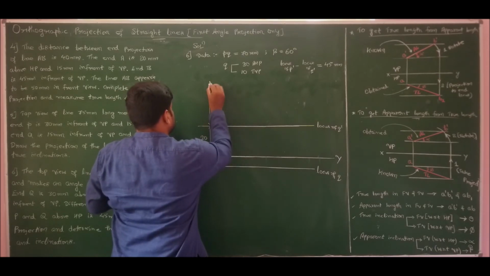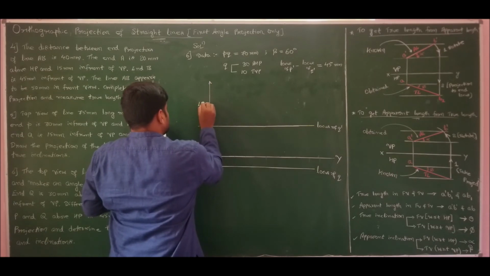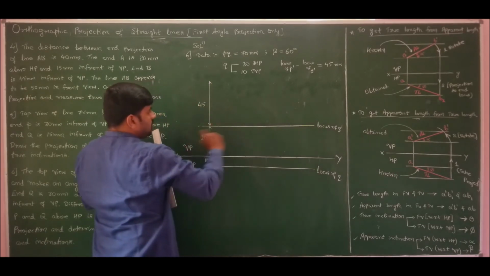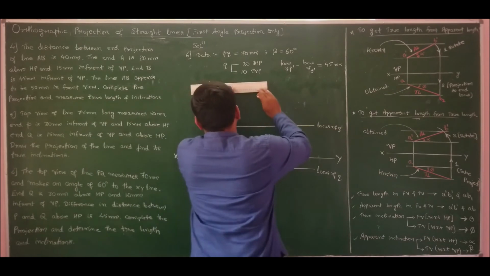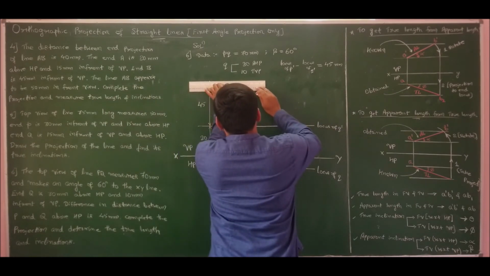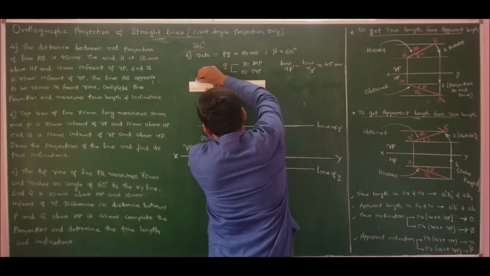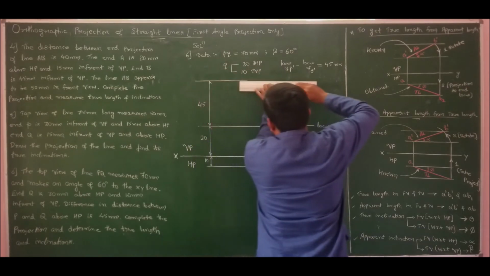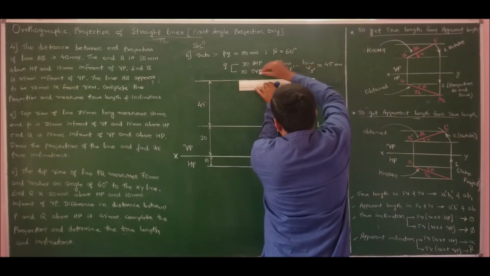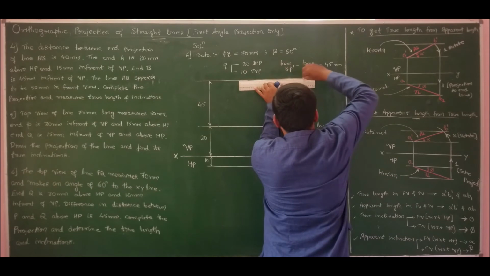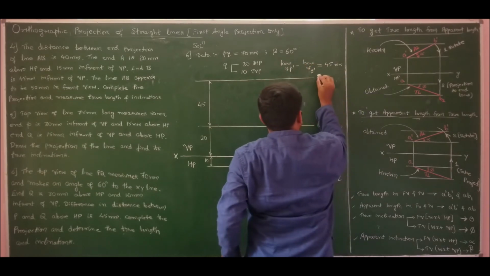So this distance is given as 45. The difference in locus distance is 45 above HP, which is in VP. So this will give us the locus of P dash.